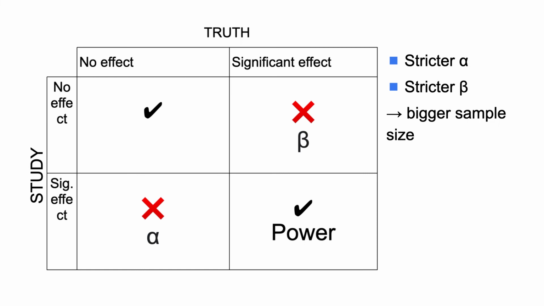The third factor that influences the size of the sample is the effect size. The larger the effect size there is in reality, the easier it is to find it, and that's why it would require a smaller sample size.